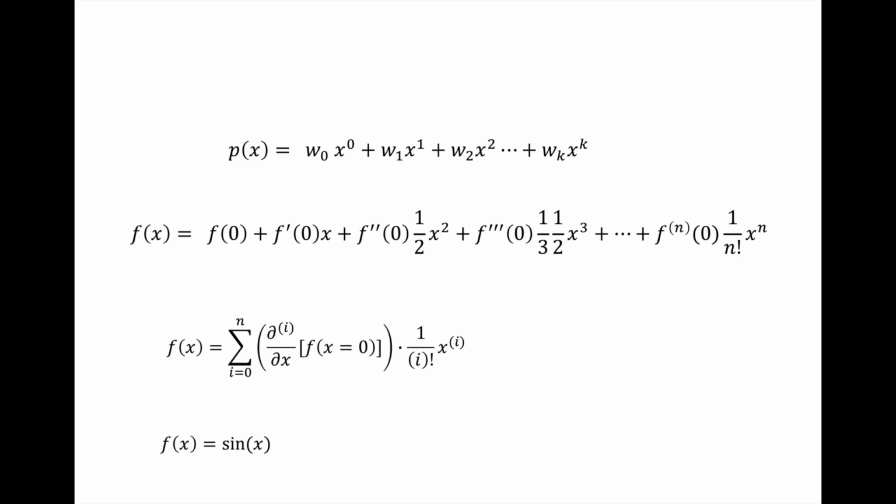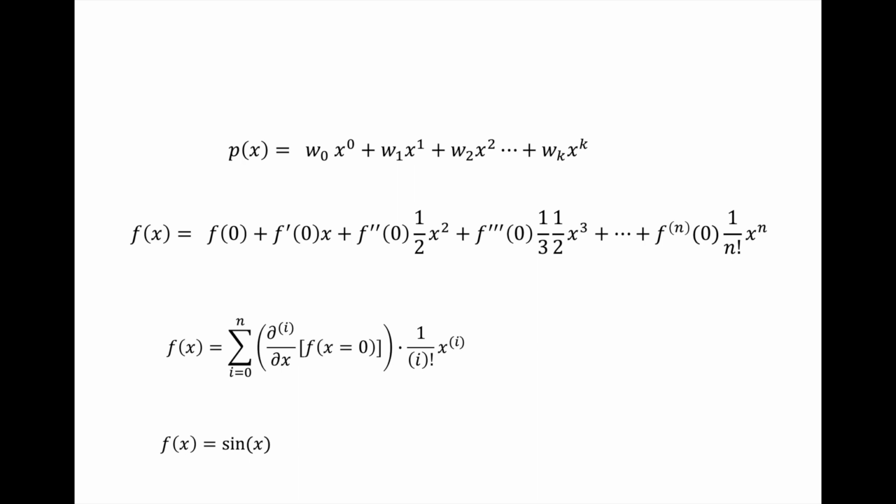And w takes on a value of the product of two things. One is 1 over i factorial, which is a number, it's a constant, right? If i is 0, i factorial is 1, so that's 1 over 1. If i is 2, i factorial is 2, so that's 1 over 2. So that's nothing more than a constant. And then this other part is the ith derivative of a function evaluated at 0. You take a function, you take its ith derivative.